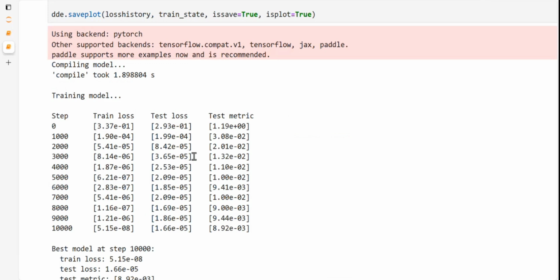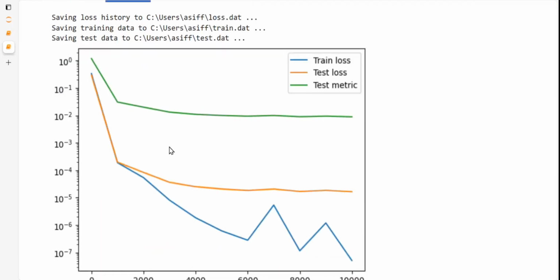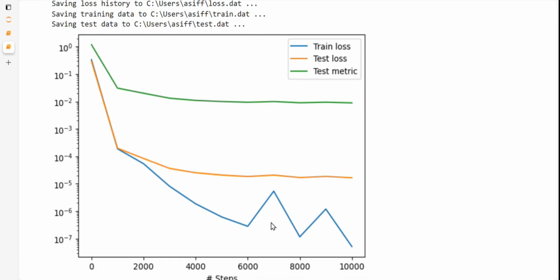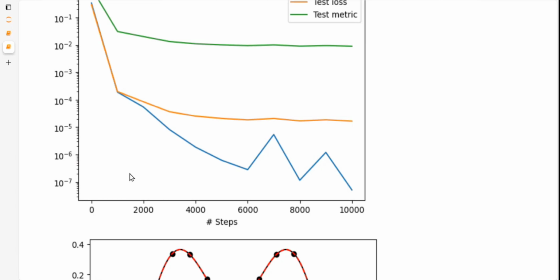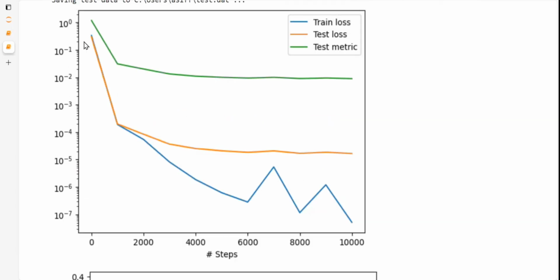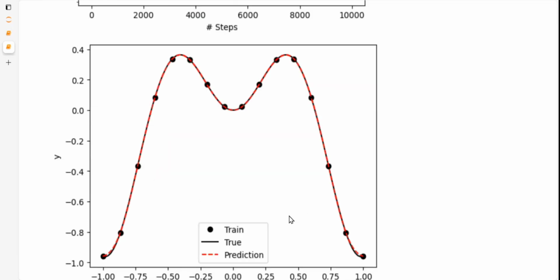Then we have, for example, the train loss. Train loss is good, but there are some oscillations. At 6,000, it is just oscillating. But at the end, you see that it has improved. Now, this is the basic result. Here you can see three things.